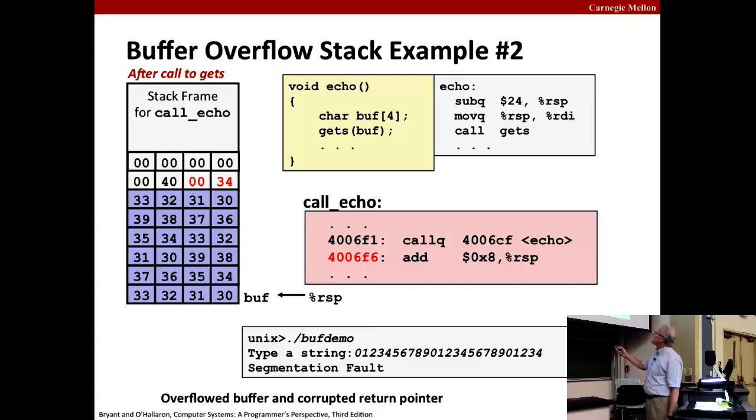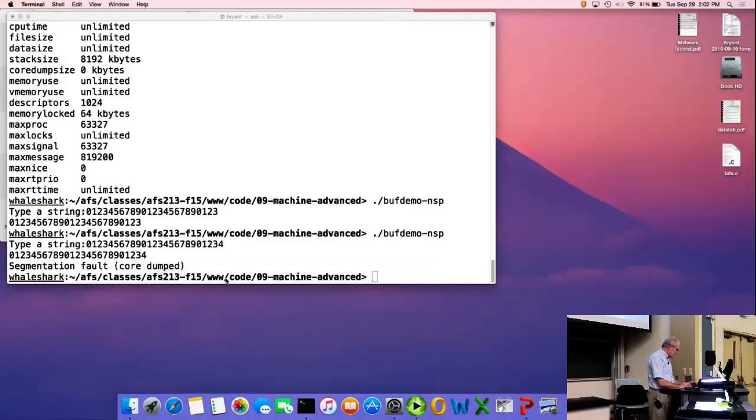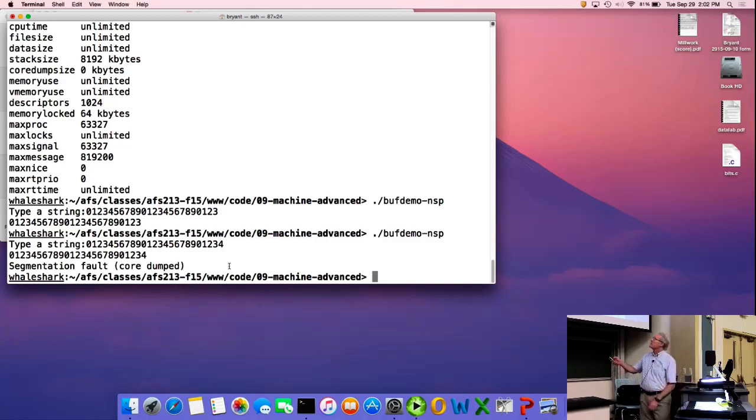And if I typed in the 24, let's see. Before I got it to run, this depends on how the code happens to get compiled. Okay, so actually you see here, this first string I typed is actually 24 characters long plus the null pointer.